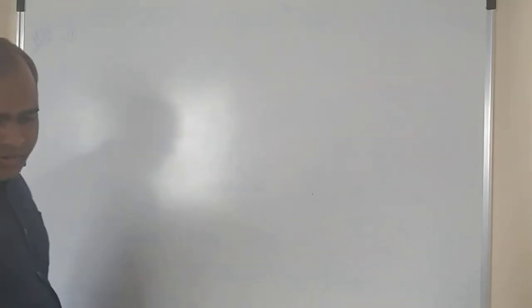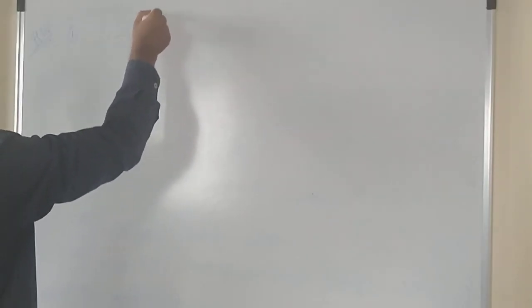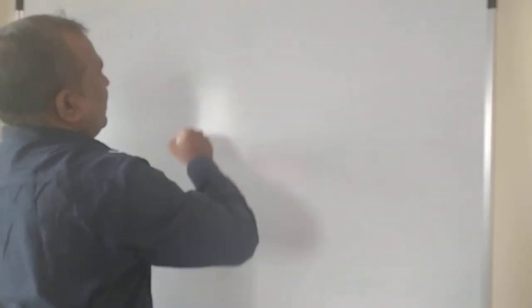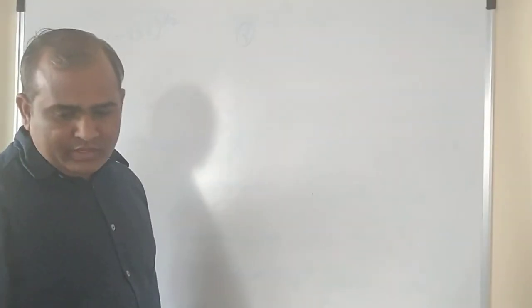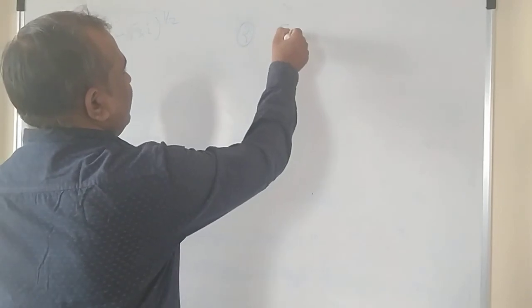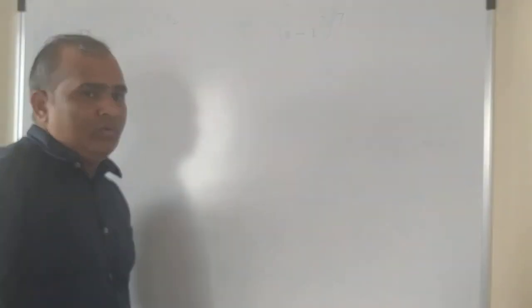Problem number 1. Find out the square root of 1 minus root 3i. And the second problem is, find the 7th root of root 3 minus i, that is root 3 minus i raised to power 1 by 7.